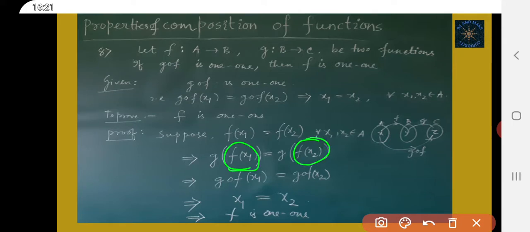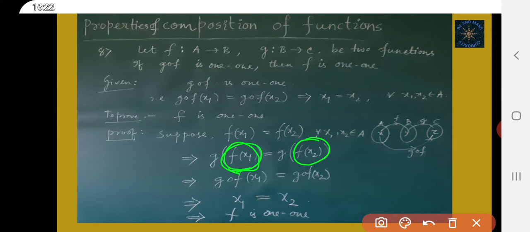For the same element we have the unique image.